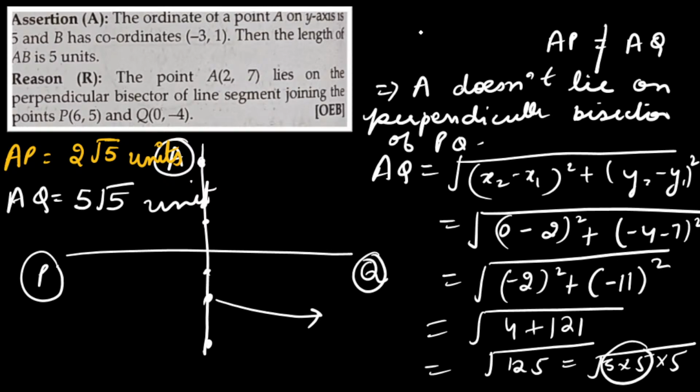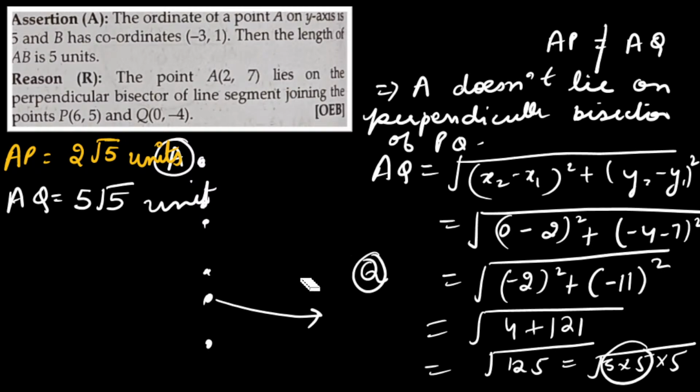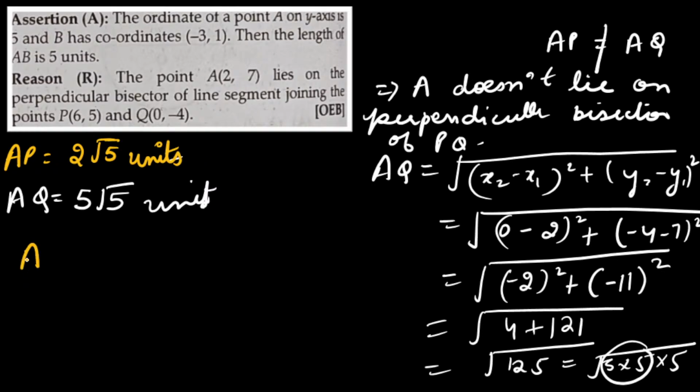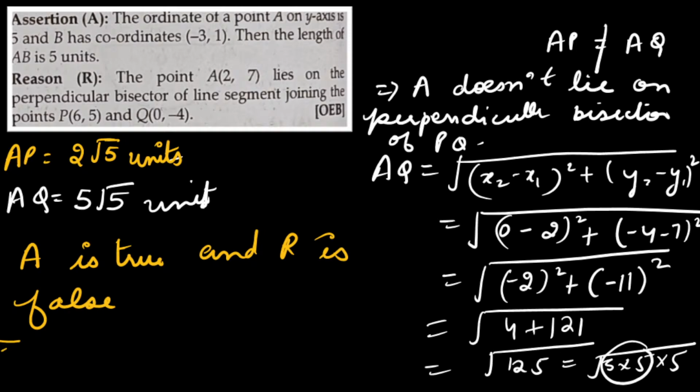So which means R is false. So here A is true, R is false. Which option should be the answer? A is true and R is false. So option A.